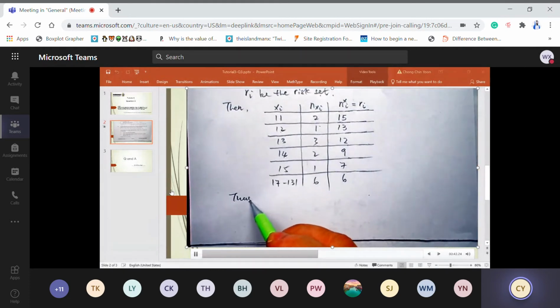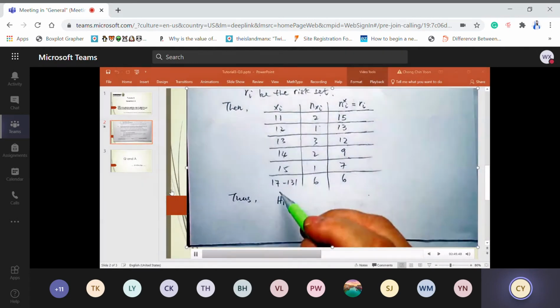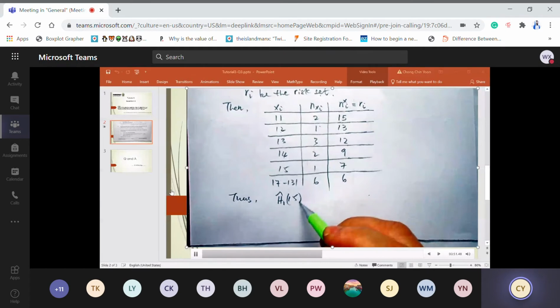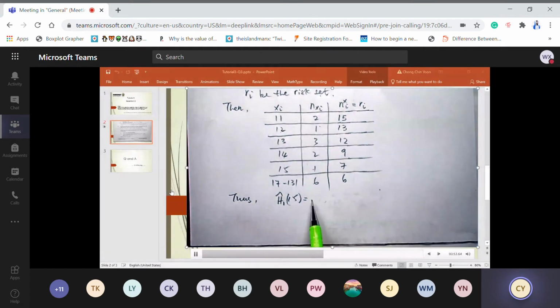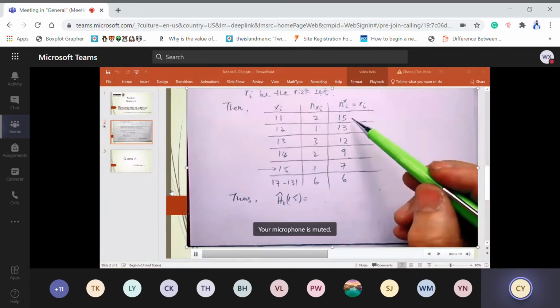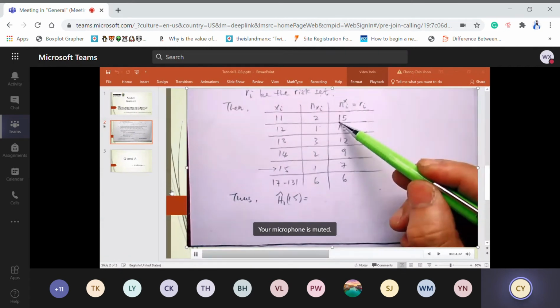Thus, under this Nelson-Aalen, the cumulative hazard rate at 15. And so we have to look at the last row at 15. That is, we consider all the rows from 15 until 7.